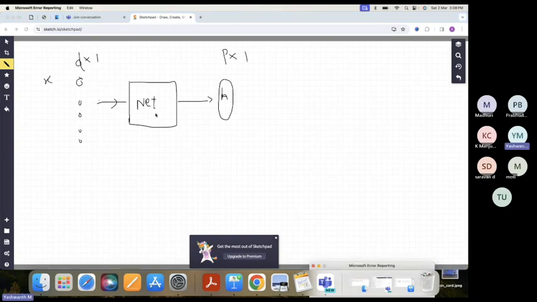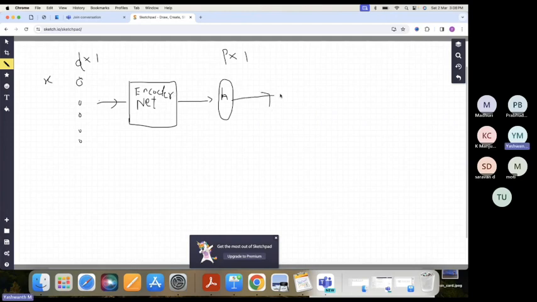And now typically you can call it the encoder network.